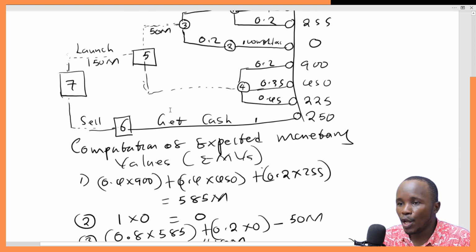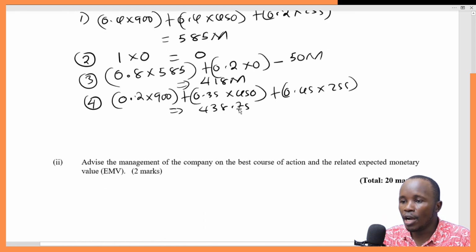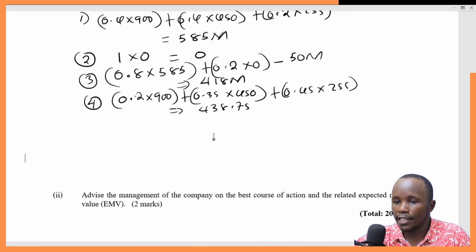Now, you see here we are having two dotted lines, which means this is an option. Option means you pick the one that has the highest expected monetary value. So when you come to number 5, it's an option.